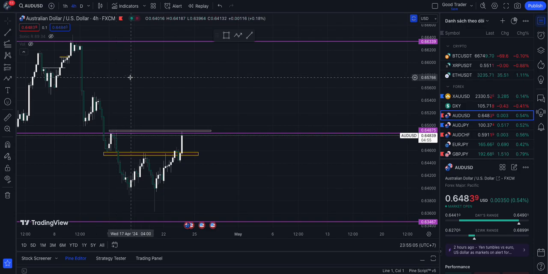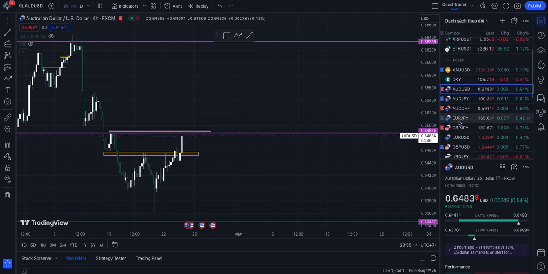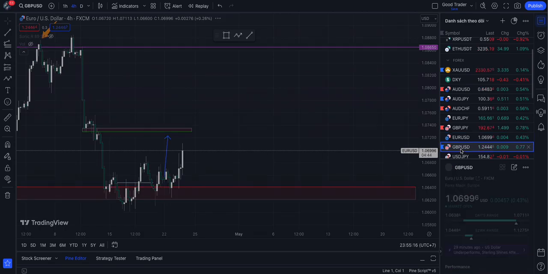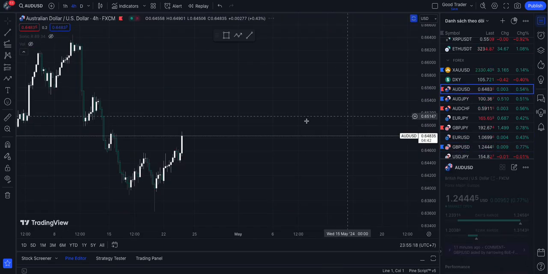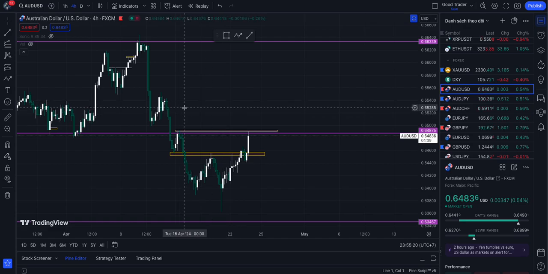So let's say the Australian dollar, the euro dollar or the pound dollar pairs get a bullish impact from the news.